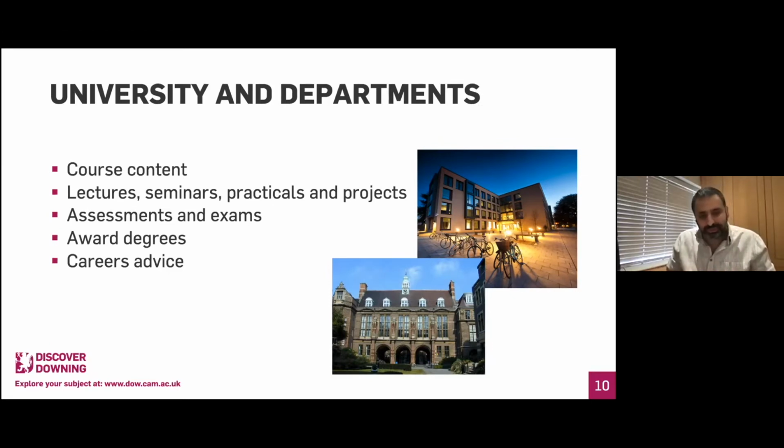They're also there to award your degrees and classify your degrees, and also to provide career advice. So generally speaking, your course is all taught within the department. When you go to the department to study, to learn about your subject area, you'll be meeting many other undergraduate students who are from other colleges as well.